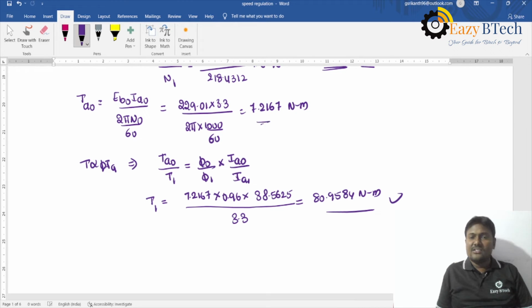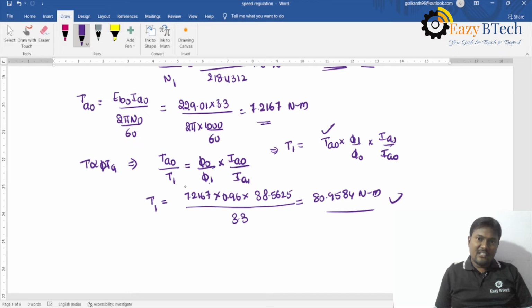Then I got this answer. We know the relationship: torque is directly proportional to flux into IA, where TA0 by T1 is equal to phi0 by phi1 into IA0 by IA1. From this I can calculate T1 equal to TA0 into phi1 by phi0 into IA1 divided by IA0.